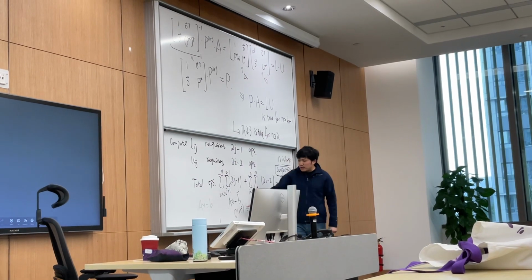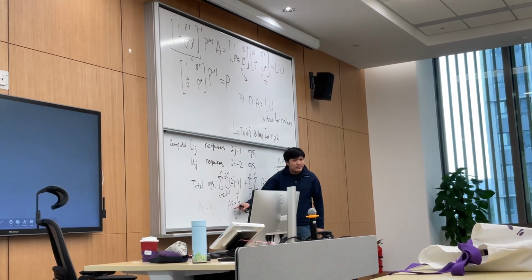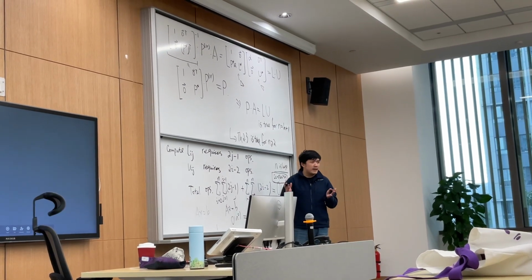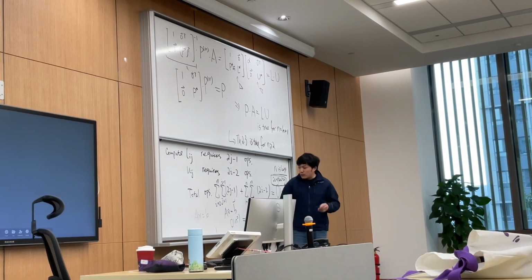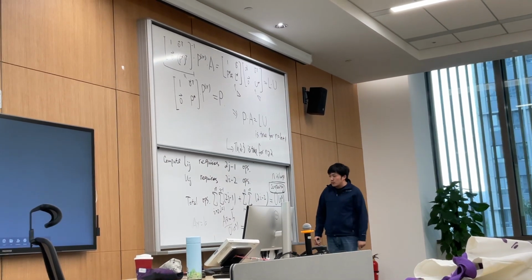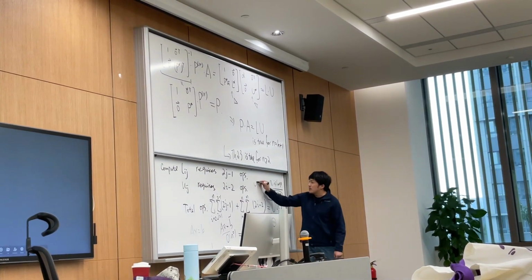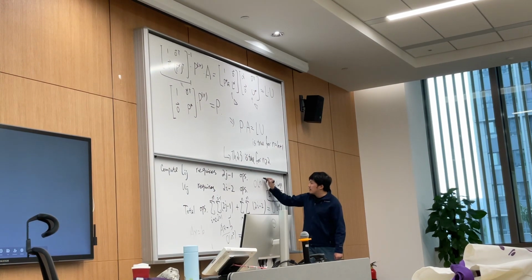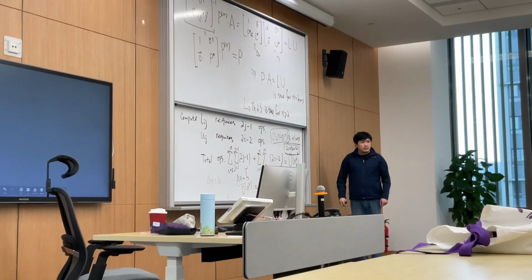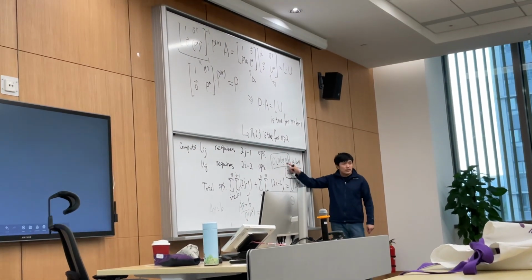And with certain structure of A, there's an algorithm, one of the most famous algorithms of the 20th century, called fast Fourier transform. If you do fast Fourier transform, it is actually possible to solve the system with a complexity of n times log of n. This is a way bigger improvement because the log n function grows very slowly.